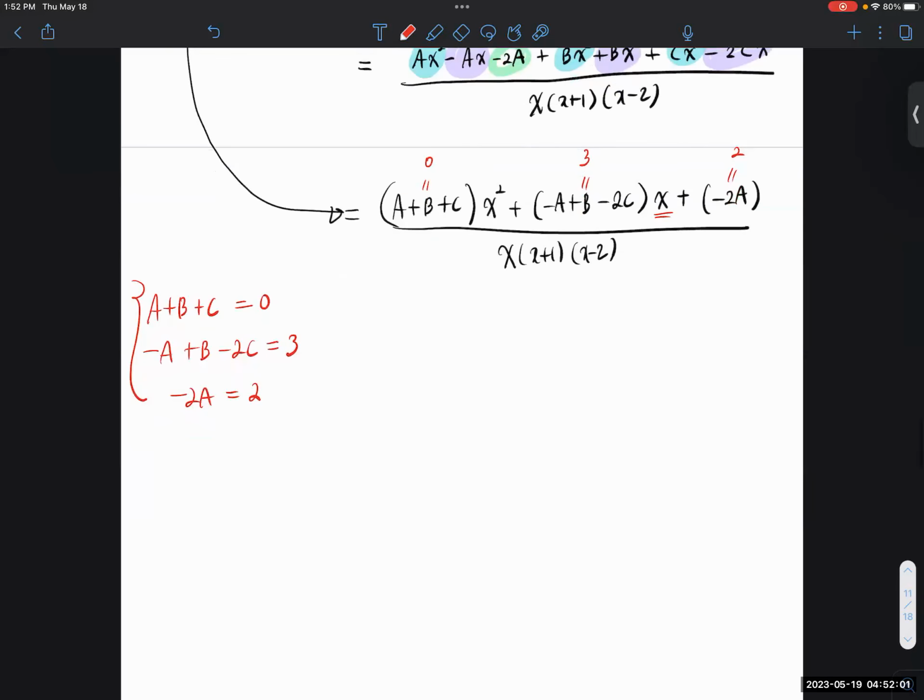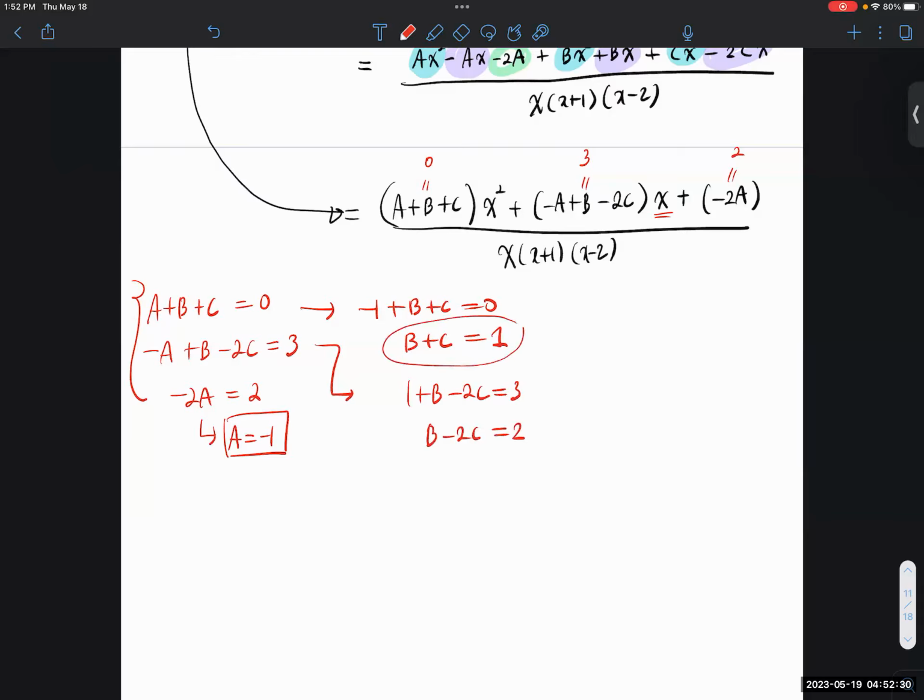So let's find out what A, B, C are. If you do, here, a will be negative 1. Okay, that's good. So you're going to plug in: negative 1 plus b plus c equals 0. That means b plus c equals 1. Here, if I plug in negative 1, double negative changes to positive. So 1 plus b minus 2c equals 3. So b minus 2c equals 2.